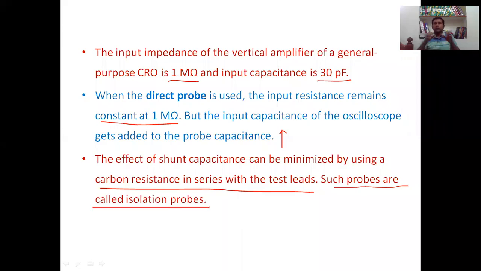The meaning is, one of the disadvantages of the direct probe is the increment in the capacitance of the CRO, and that is overcome in the isolation probe. Next we will see the isolation probe.